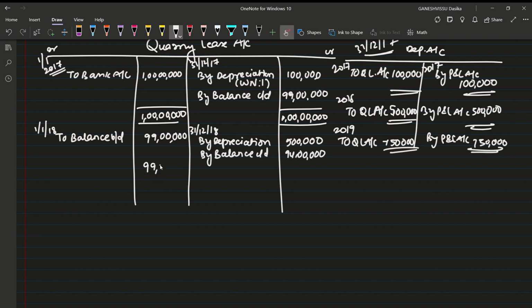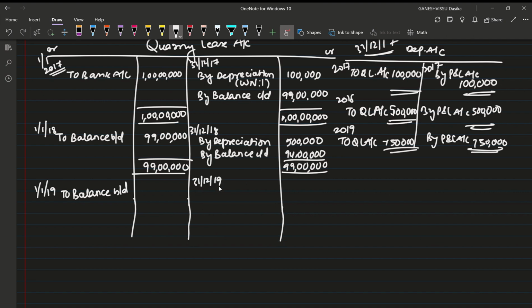Total of 99 lakhs there. Then 1/1/2019, to balance brought down 94 lakhs, and 31st December 2019, by depreciation account 7,50,000.